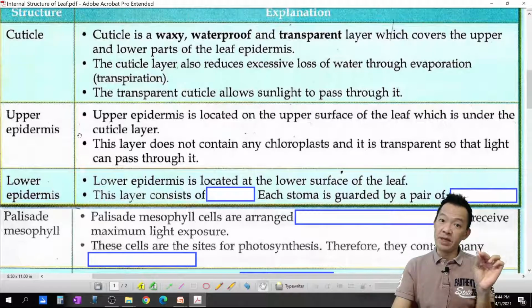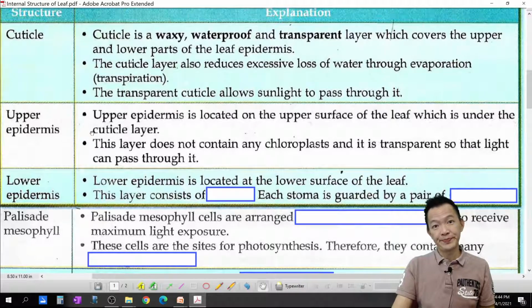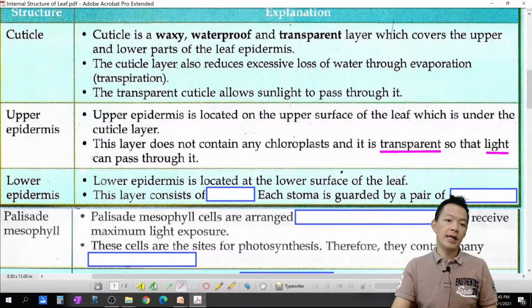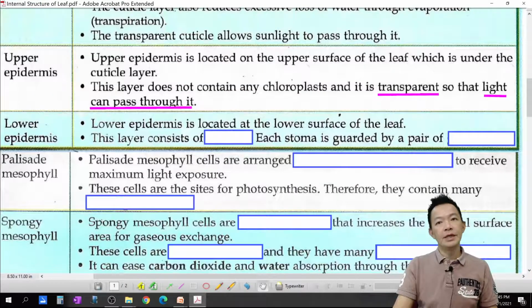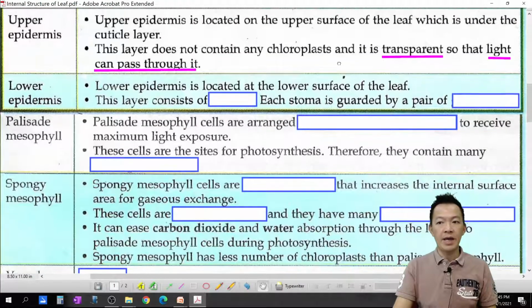They are made up of epidermis cells. But the cells must be transparent, so that the light can pass through. Even if I don't ask you to copy, just highlight it.